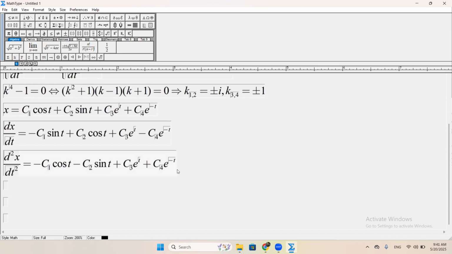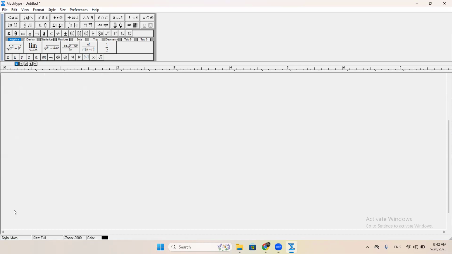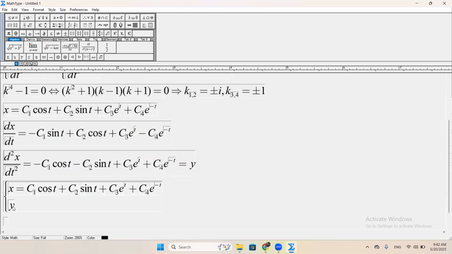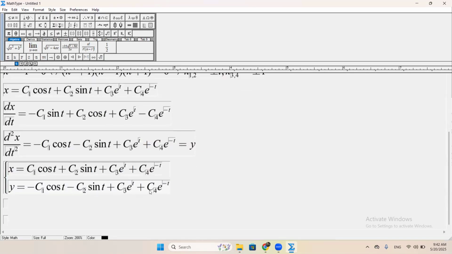And it equals y. So the final answer will be written in the following form. So x equals this expression, and y equals this expression. So this is the solution of the system of differential equations.